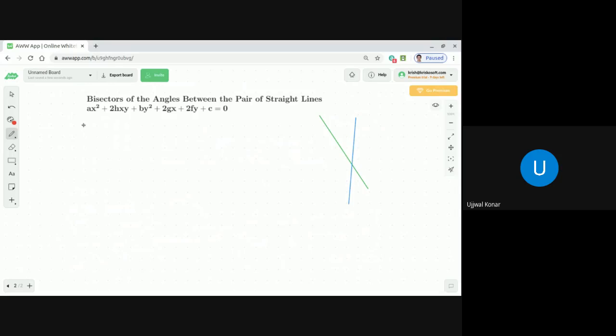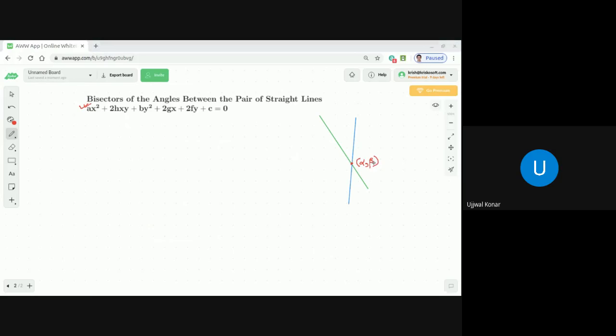And these are the two straight lines jointly represented by the pair of straight lines ax square plus 2hxy plus by square plus 2gx plus 2fy plus c equal to 0. Now we are going to find the bisectors of the pair of straight lines represented by this equation. This is only possible if they intersect each other. So here we are assuming, yes, they are intersecting at the point, suppose, alpha comma beta.